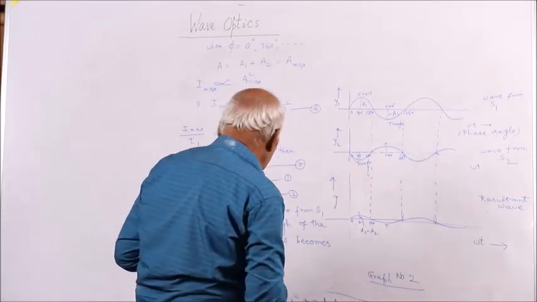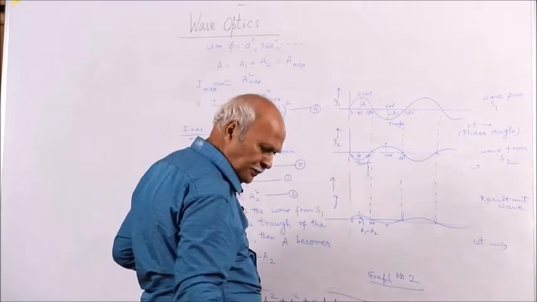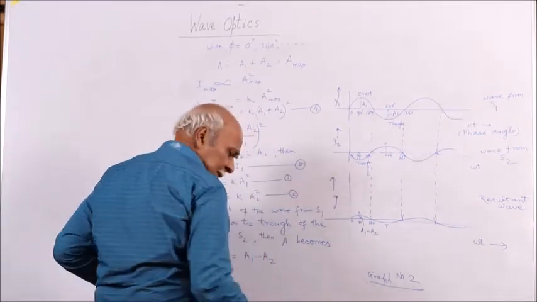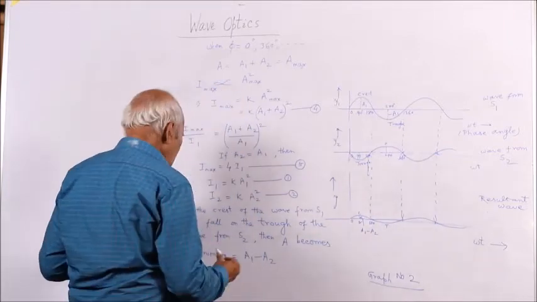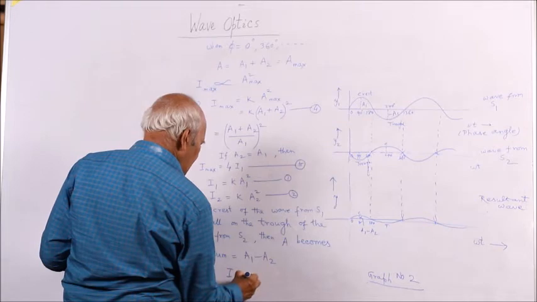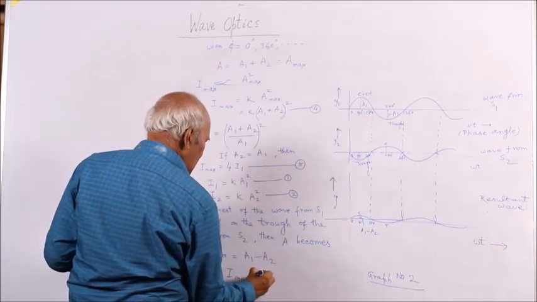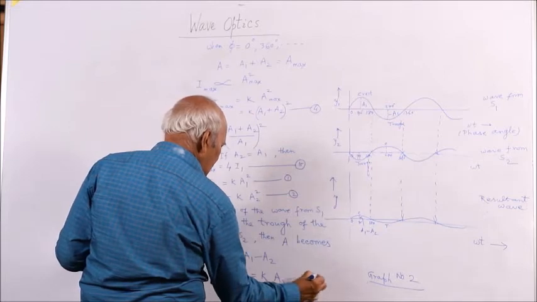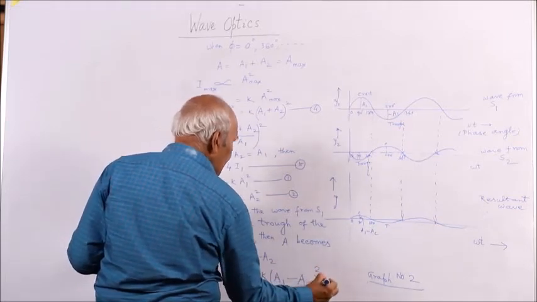So, in that case what will happen? This I minimum, intensity minimum, is equal to K A1 minus A2 whole square.